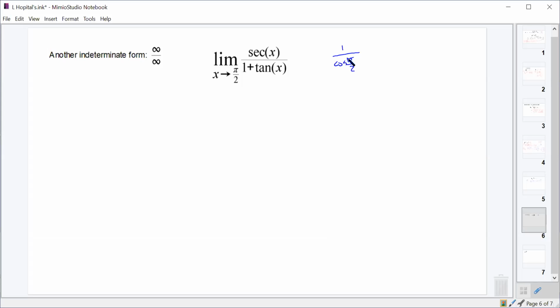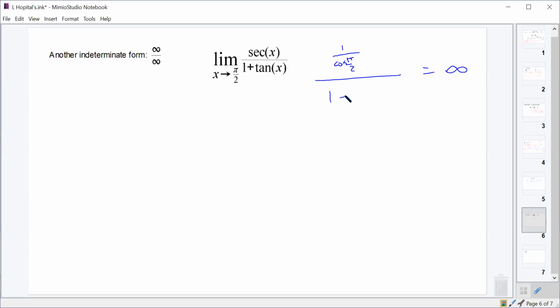So this is like 1 over something very close to 0, so a very, very small positive number. And what's 1 divided by something very, very small? One divided by a tiny little decimal becomes a very large number, doesn't it? Yes, it does.